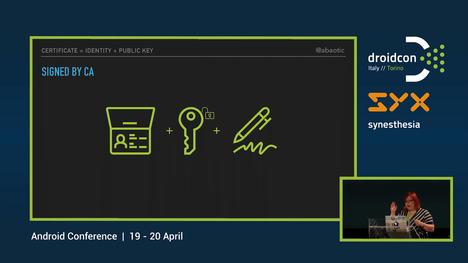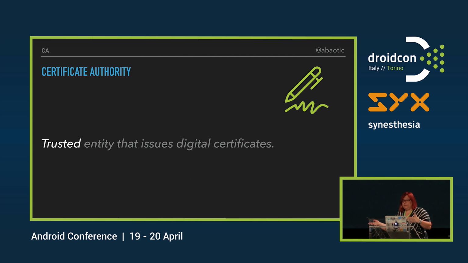So there are particular entities in the world, more specifically certificate authorities, that claim that they have a right to prove your identity and the ownership of your key. And we trust them implicitly because a certificate authority is any kind of trusted entity that can issue certificates.